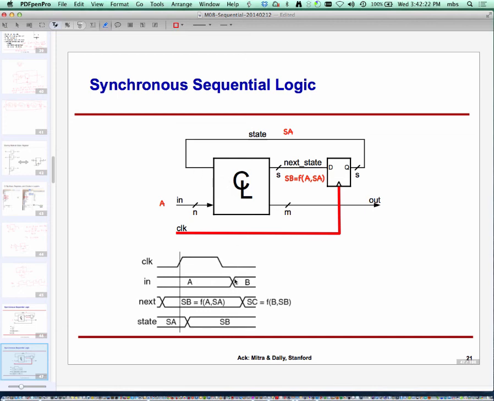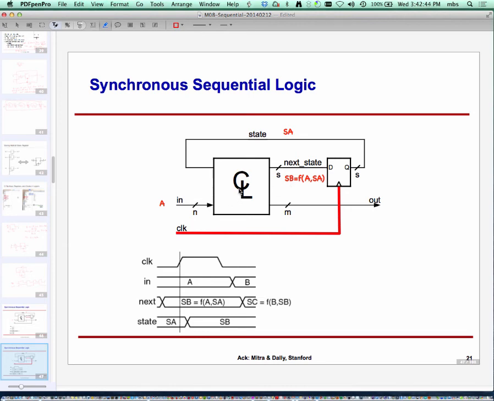Meanwhile, let's say after some time the input also changes, so the input becomes B. The net effect is that this SB and this new input B will combine together, and I will get a new value for the next state out here.